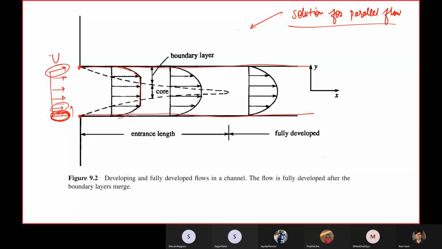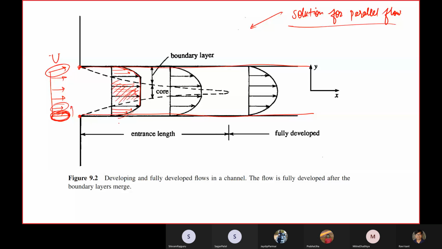Till this region you will have some shear effect, and after that the shear effect has not been diffused in this region.